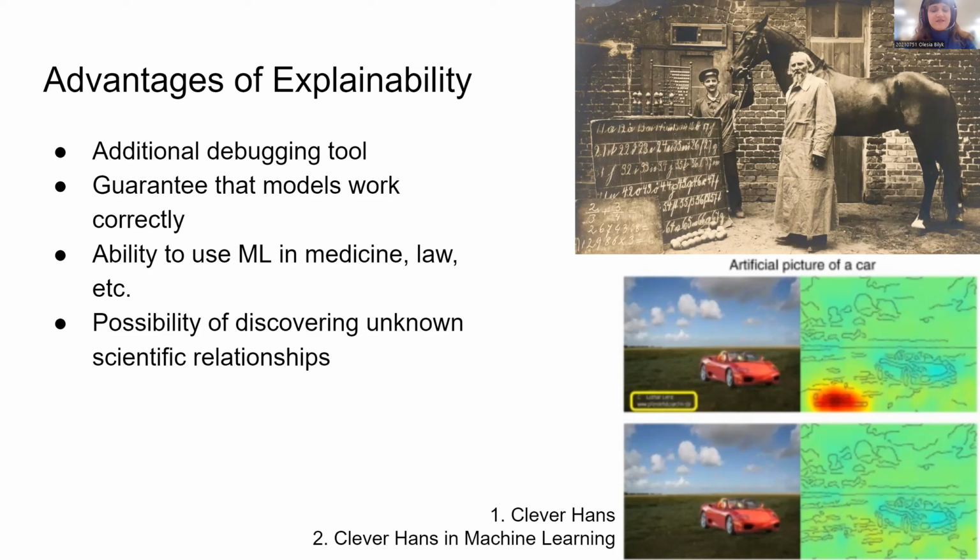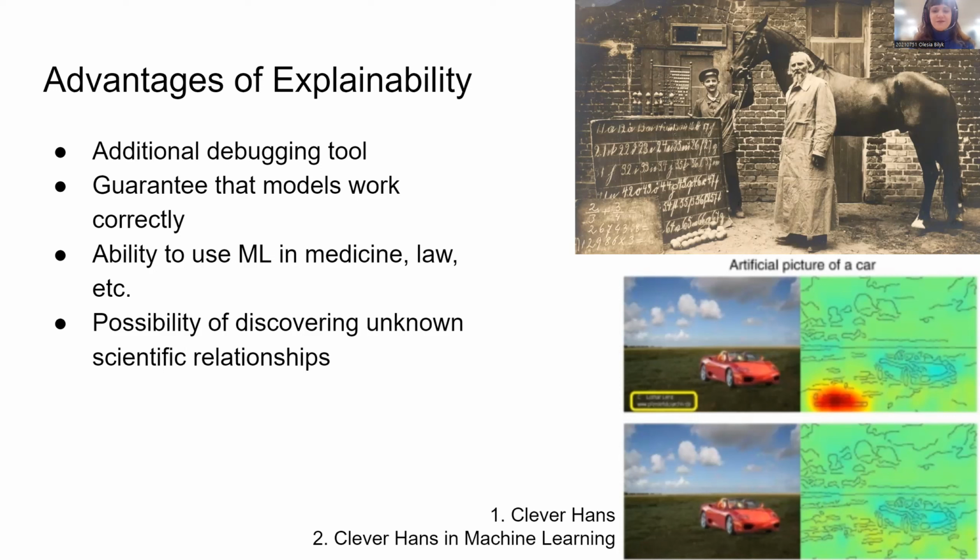Those predictors rely on spurious artifacts in the data and, in fact, do not solve the problem. They are named after a horse, Clever Hans, that supposedly solved simple arithmetic tasks, but in fact inferred the correct answer from the body language of its instructor.